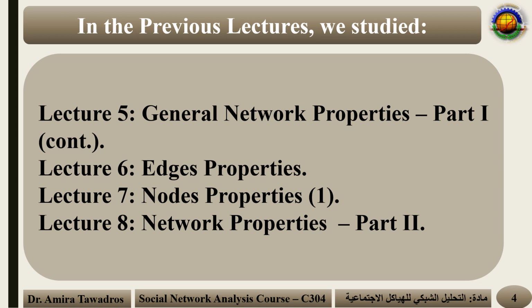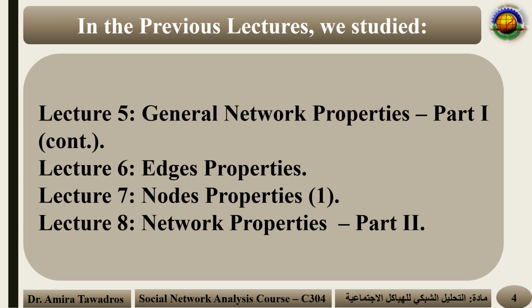And then in lecture 6, we discussed some properties of the edges of the network. We know that any network is composed of a set of nodes and a set of edges. So in lecture 6, we started by studying the main properties of edges. In this context, we studied the difference between weighted and unweighted edges, and then this created several concepts like weighted and unweighted networks, and also we studied the concept of paths.